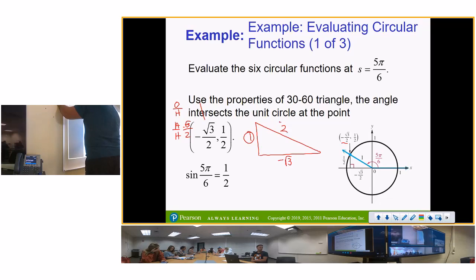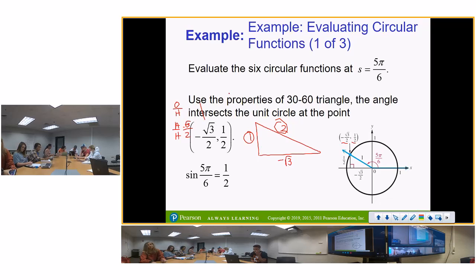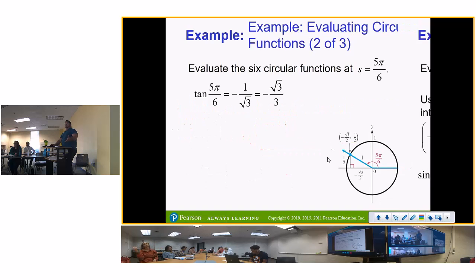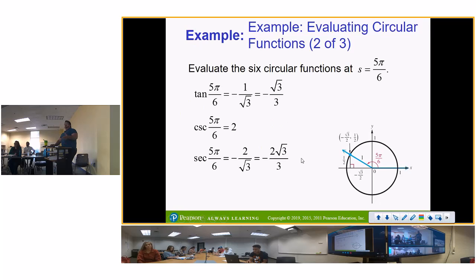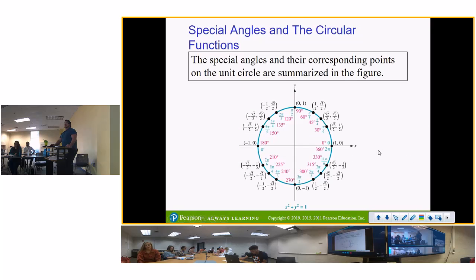Oscar had 1/2. 1/2 is right there. And you go through all the special angles, what do you end up with? You end up with the unit what? Circle. Now, I'm not going to go through each one. I've already done that. So what I'm going to do is we're going to go, there it is.